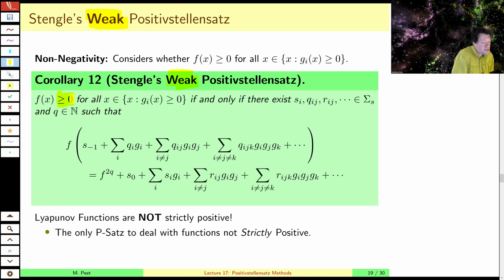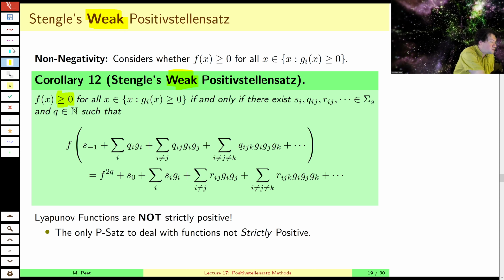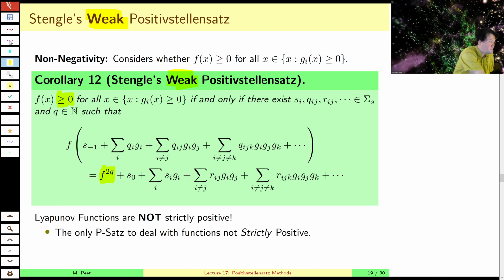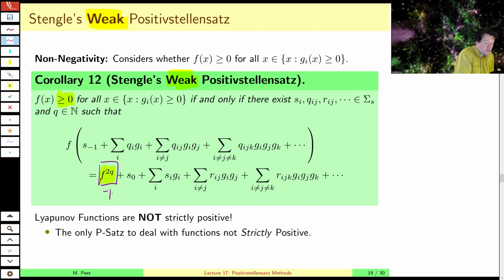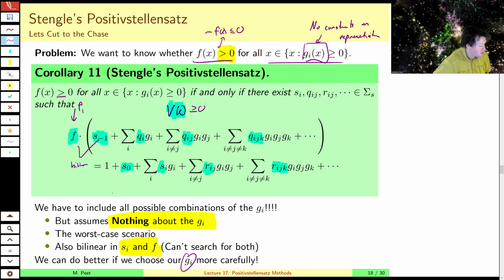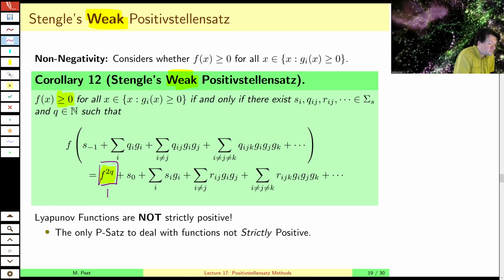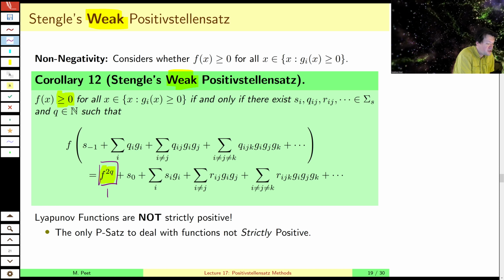But in any case, it's exactly the same condition, except now there's one extra term, which is this one right here. Instead of having 1 there, which we had on the previous slide, we replaced 1 with f to the 2q.